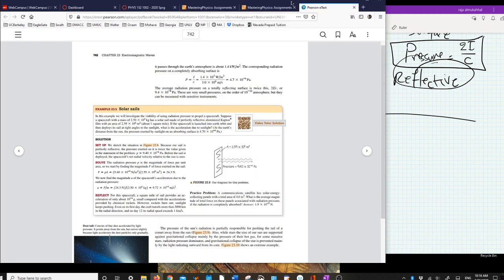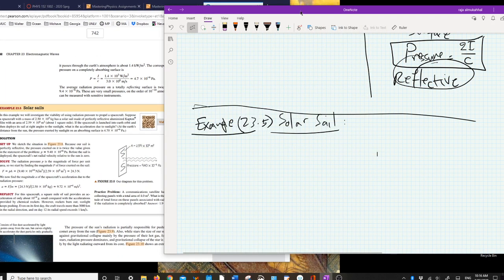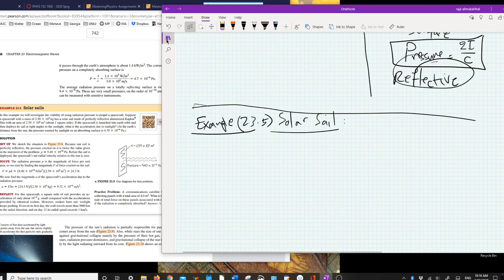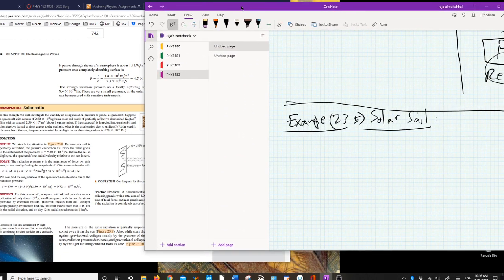So let's say that the mass of that spacecraft is given by 2.5 times 10 to the power of 4 kilograms.